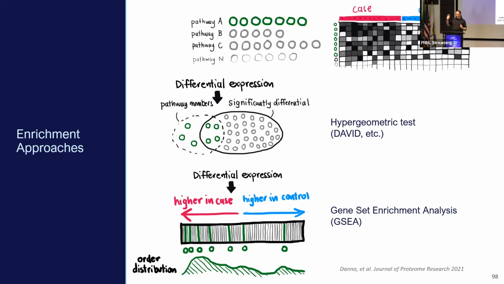You take your differentially expressed genes, compare them with your non-differentially expressed genes, and then for the pathway you happen to be looking at, you ask what the distribution is. You can calculate a p-value to say, wow, it's super surprising that we see 15 members of this pathway in my differentially expressed pile.